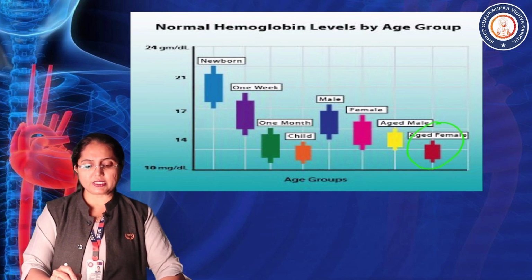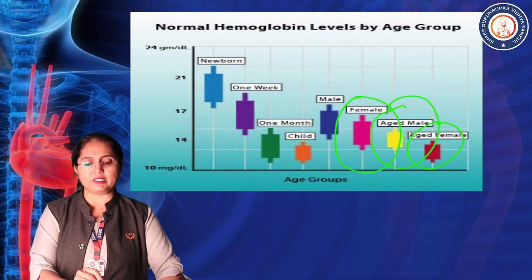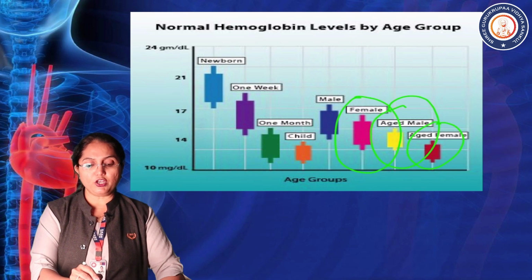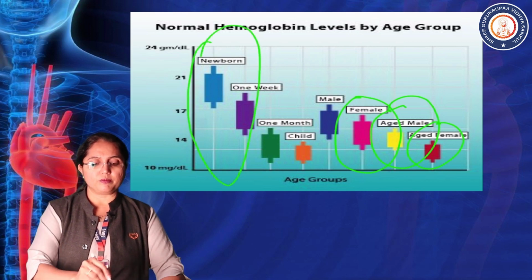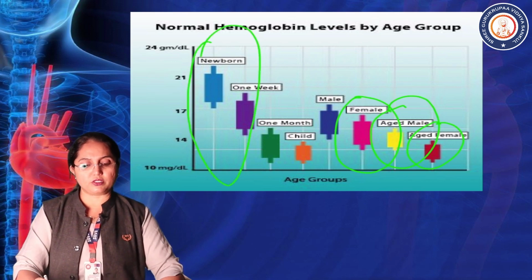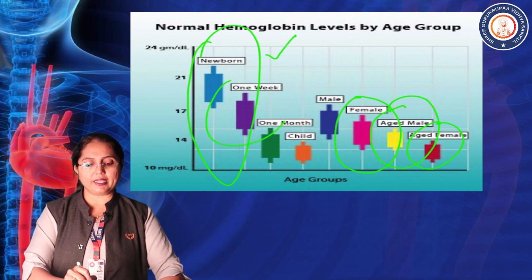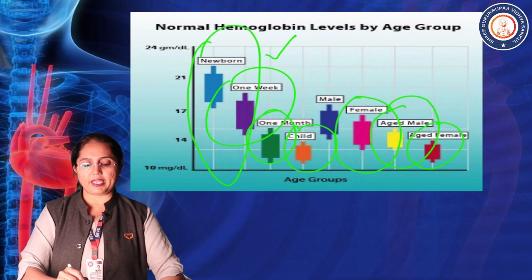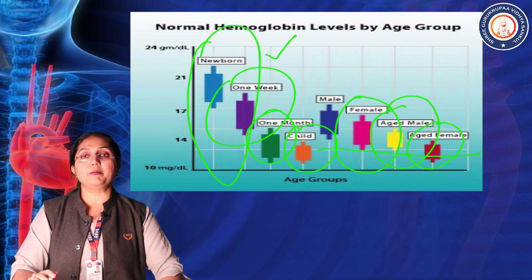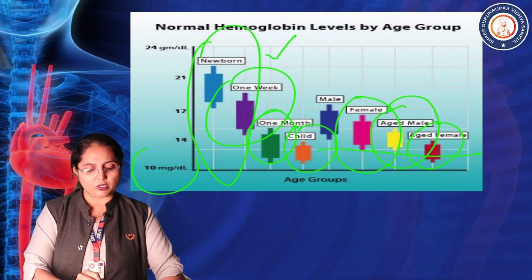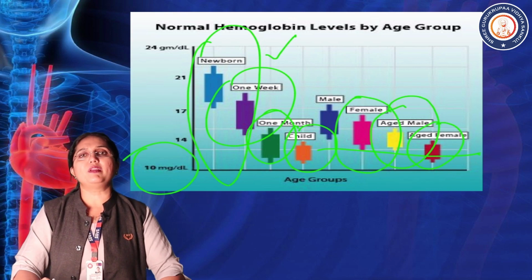As age increases, for both male and female, the amount of hemoglobin needs to increase. In newborns the amount of hemoglobin is especially high, and then it gets lower with age, right? And it should be a minimum of 10 g/dL in a normal female, right?